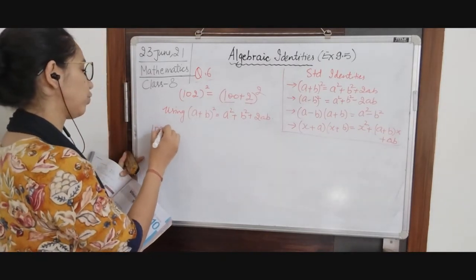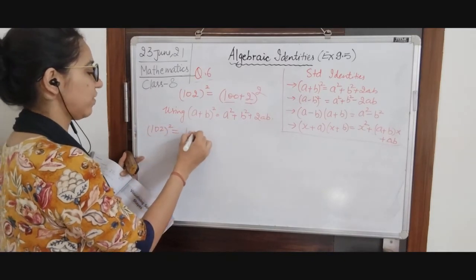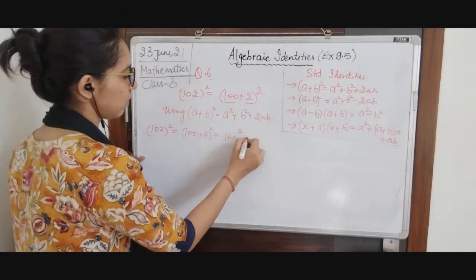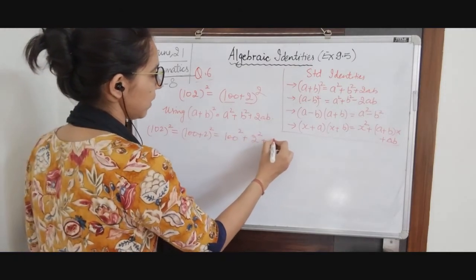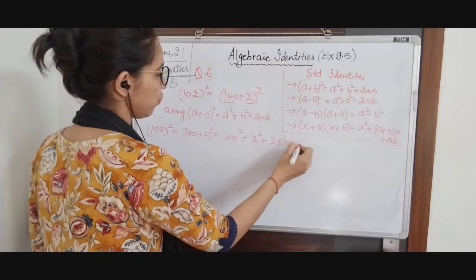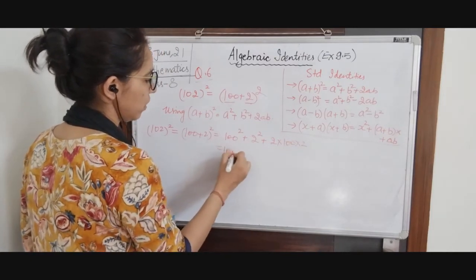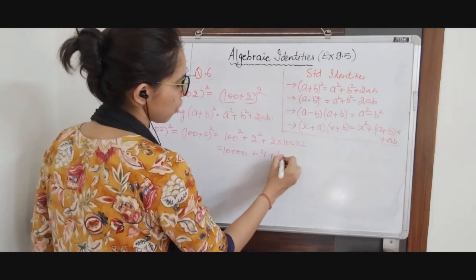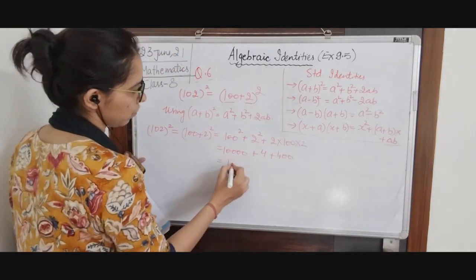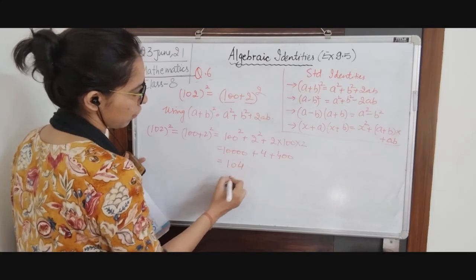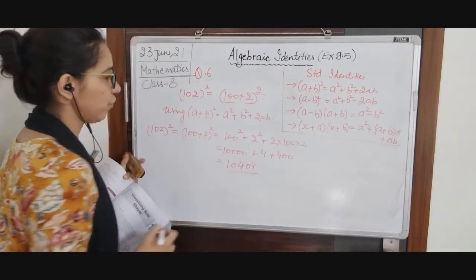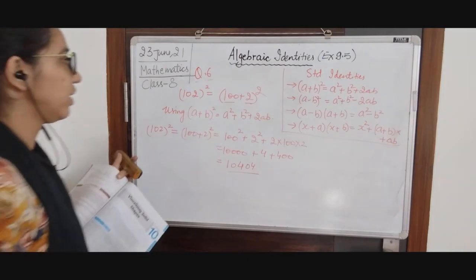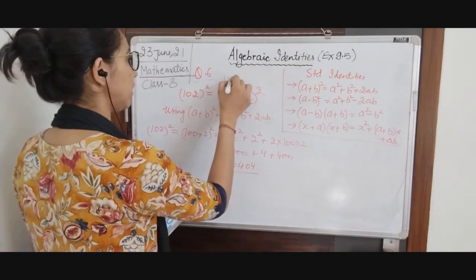So our 102 square will be equal to (100 + 2) whole square, which will be equal to first term square plus second term square plus 2 into 100 into 2, which will be equal to 10000 plus 4 plus 400. It will be equal to 10404, the required square.